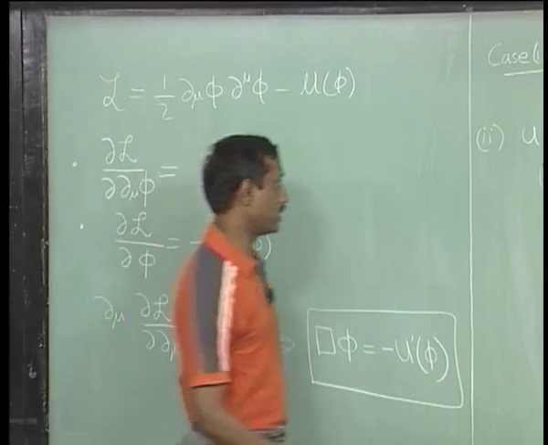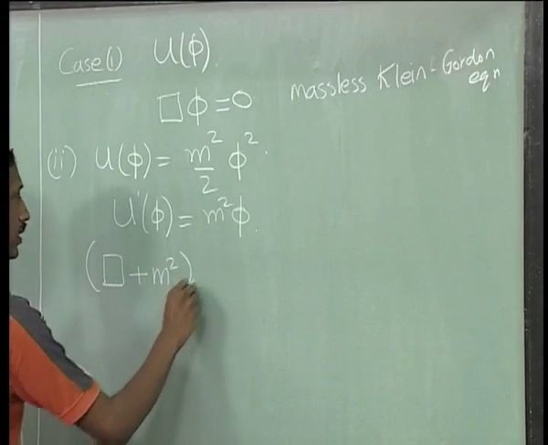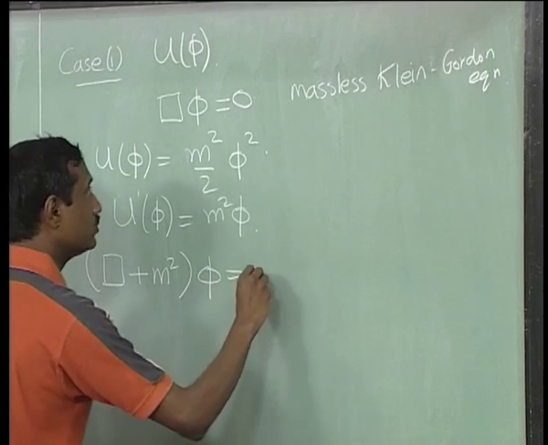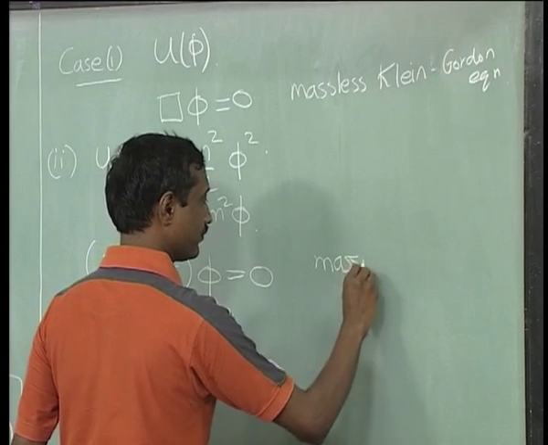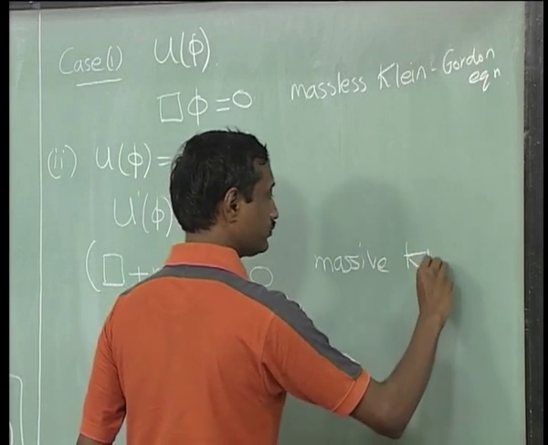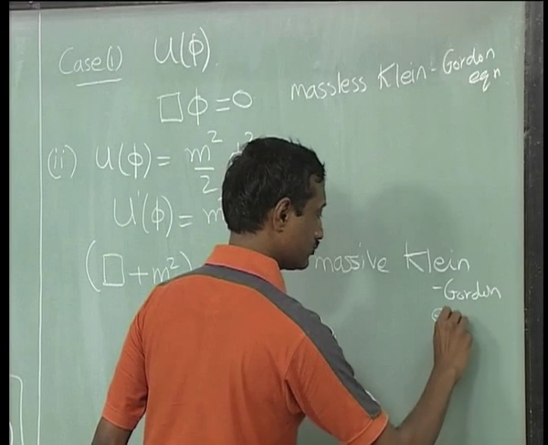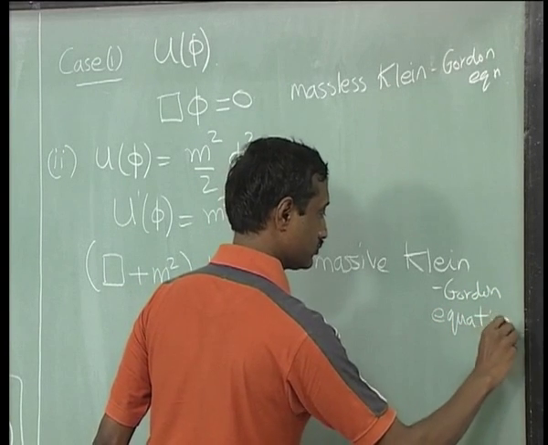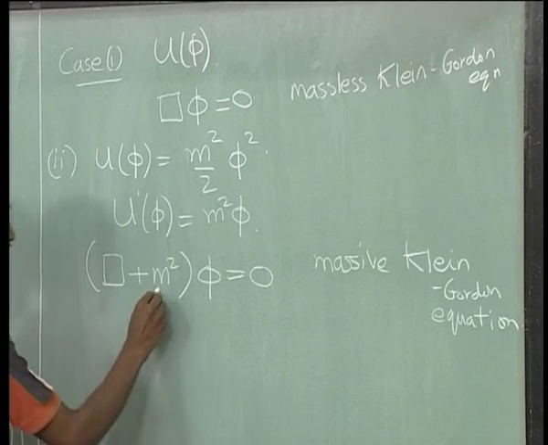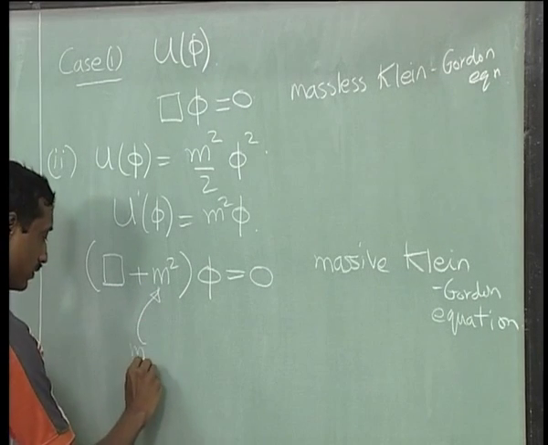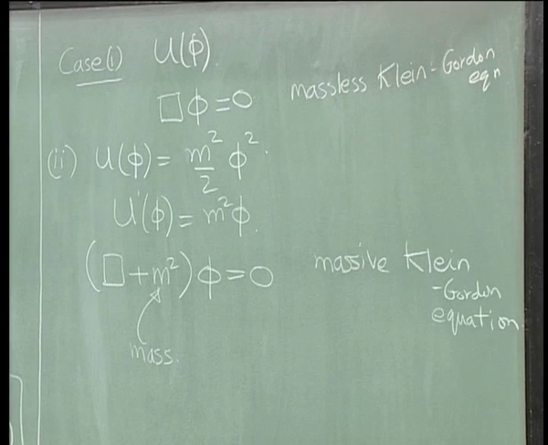So, I can bring it to the right hand side and I get box plus m square phi equal to 0. So, this is the massive Klein-Gordon equation, where m is the mass, rather the mass square.